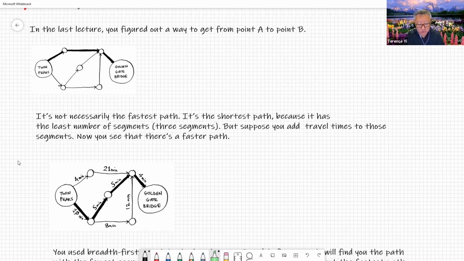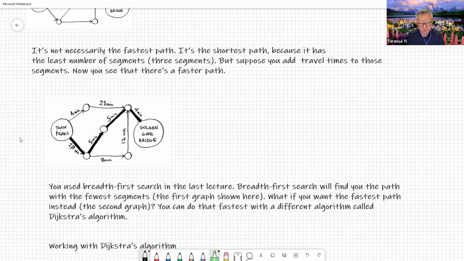Okay, so now we're going to assign time to these paths, the edges. From Twin Peaks to the first bus stop is going to be 4 minutes. Then after the first bus stop, the next bus stop is going to be 21 minutes, and so on. Okay.